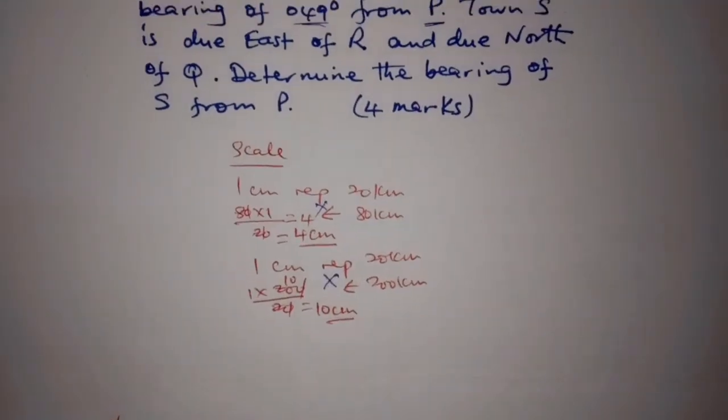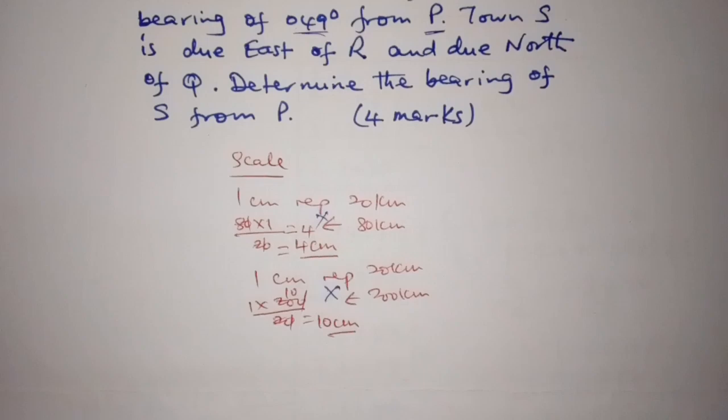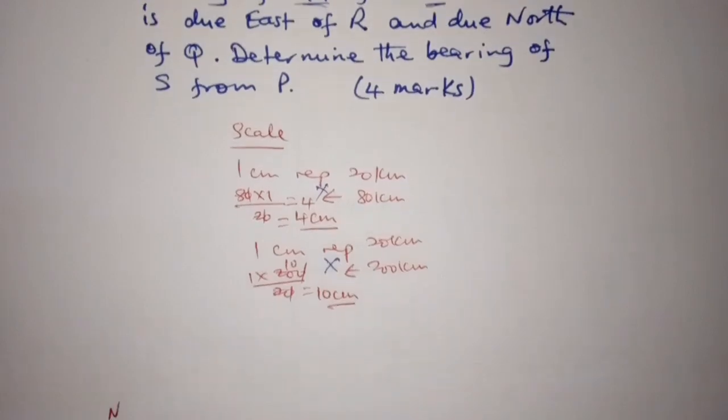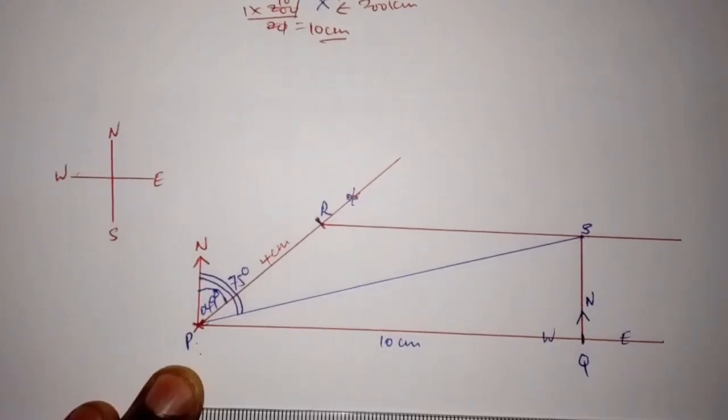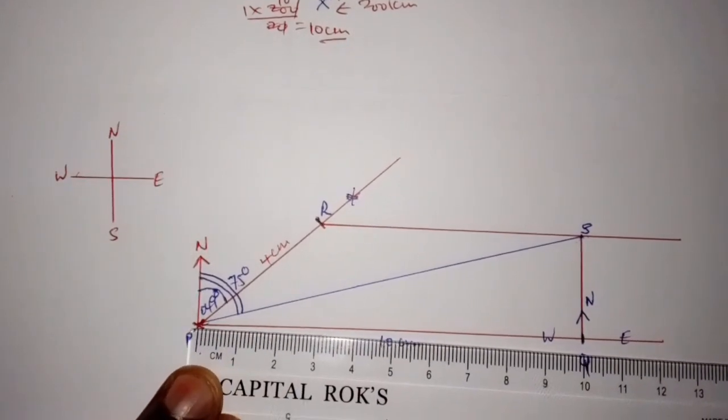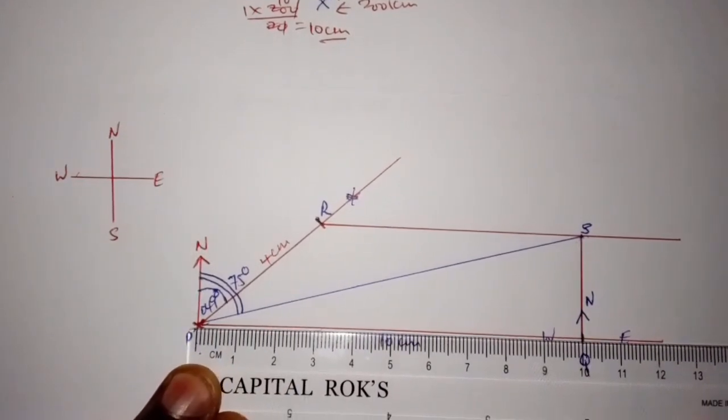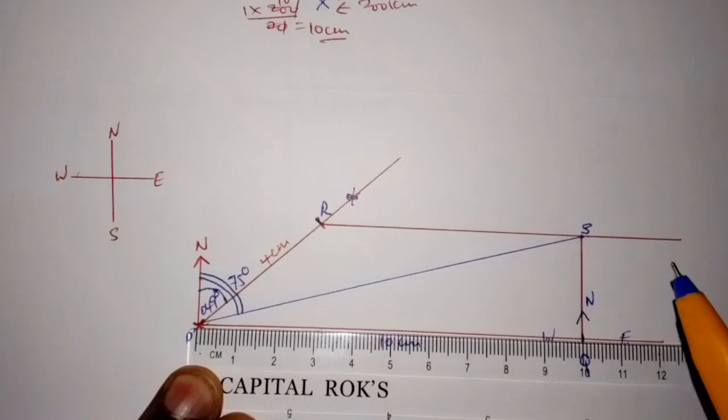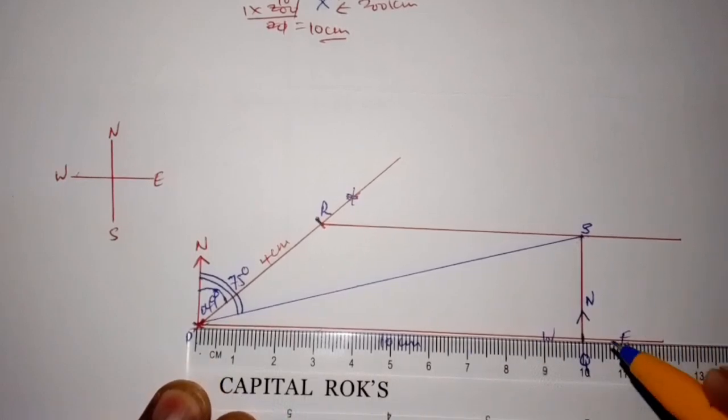From our scale, 1 centimeter represents 20 kilometers, so 200 kilometers is represented by 10 centimeters. We take a measurement of 10 centimeters between P and Q, and we mark it here.